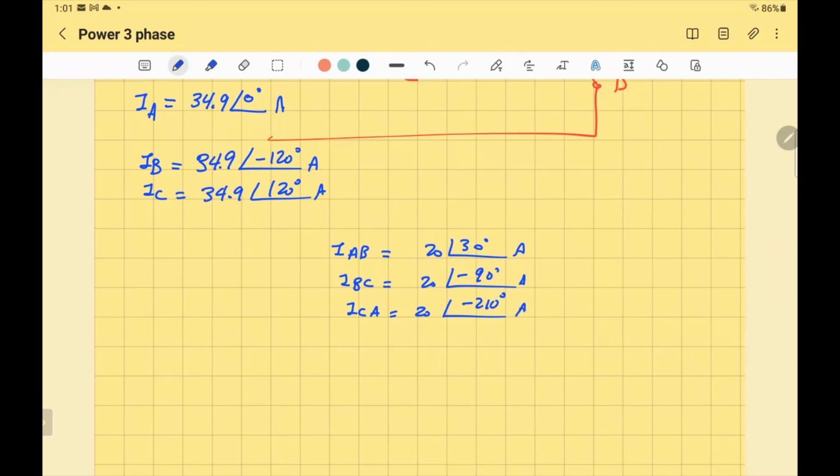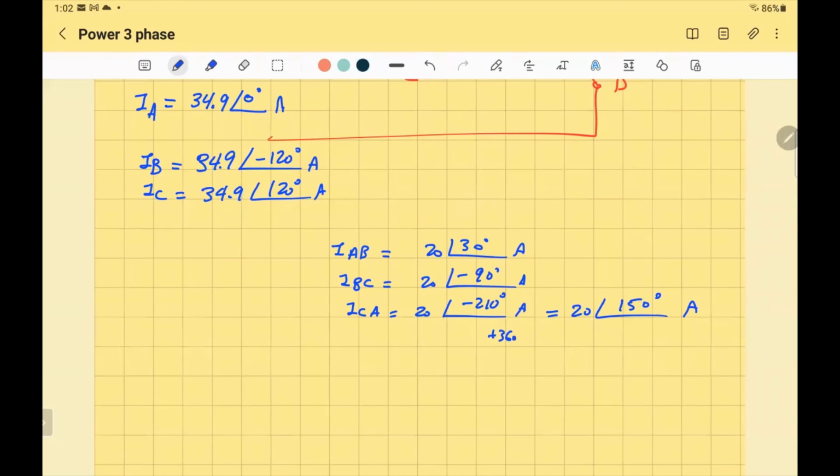If you subtract 120 from 30 you get negative 90. The third, 30 minus 240, gives negative 210. If you want to make it positive, you add 360, so we have 20 angle 150. Both are right. Okay, so that's how we calculate it in delta connection.